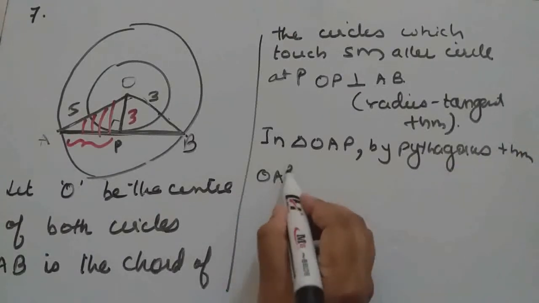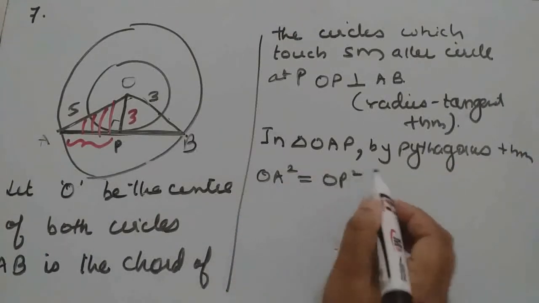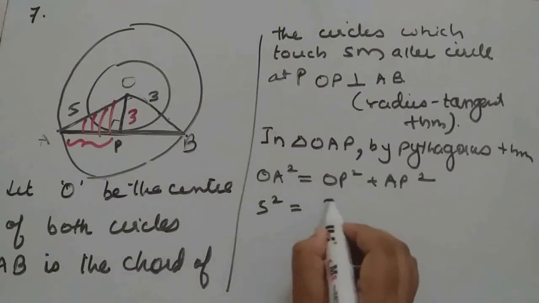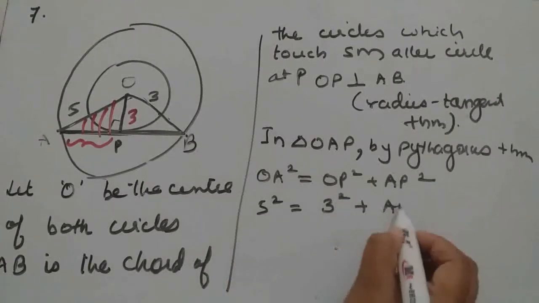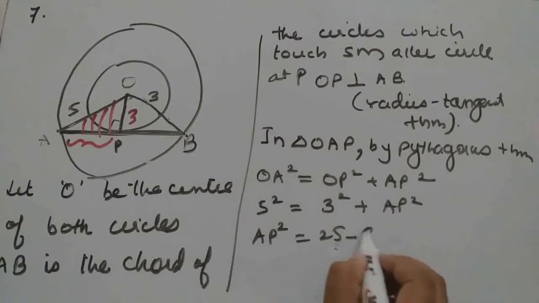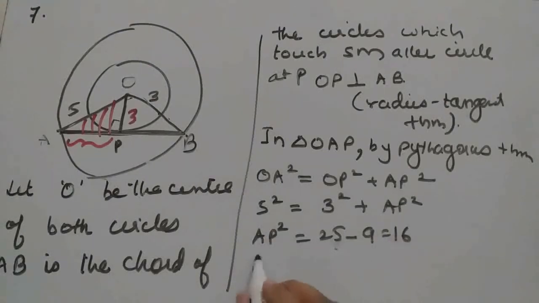So OA square equals OP square plus AP square. 5 square, 3 square. So AP square will be 25 minus 9, that is 16. So AP will be 4.